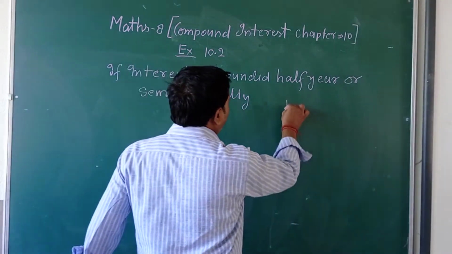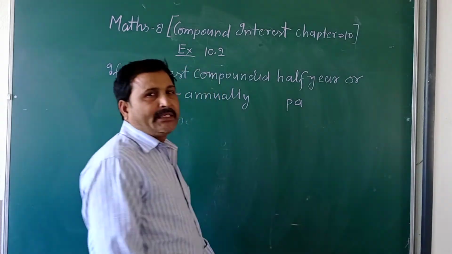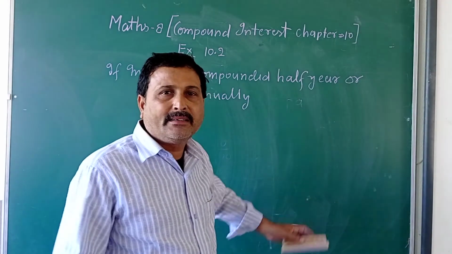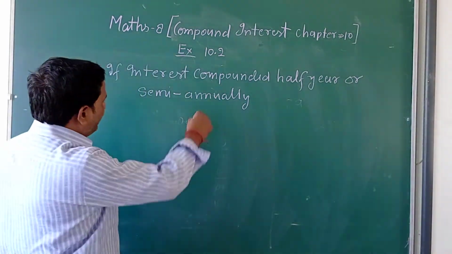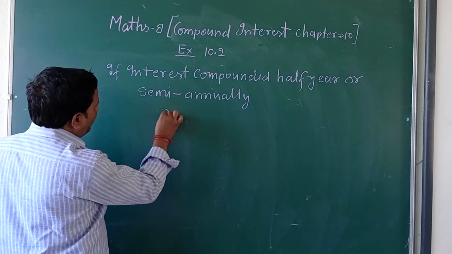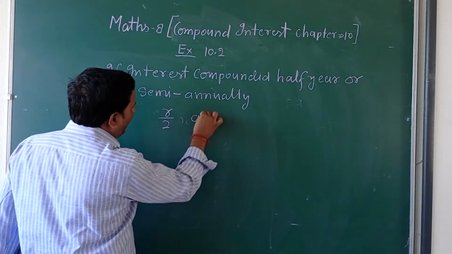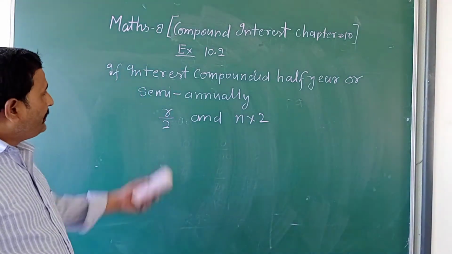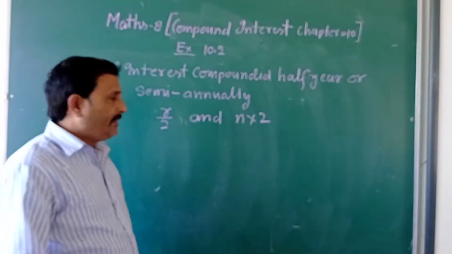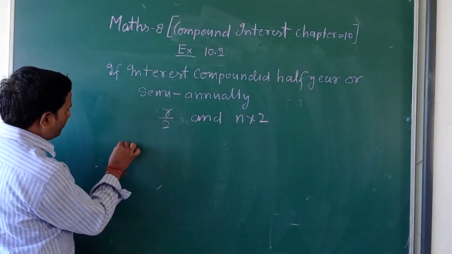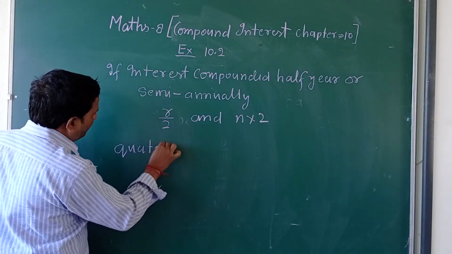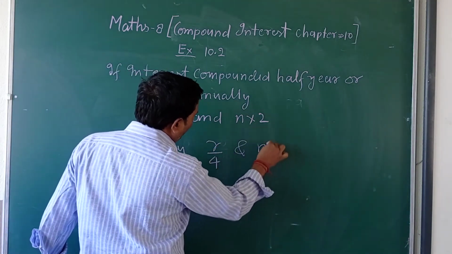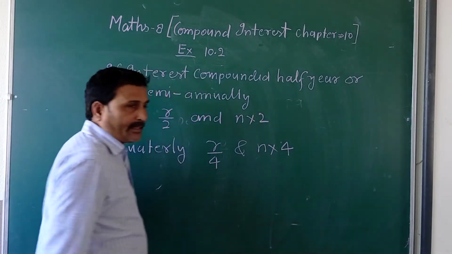Sometimes PA is written after the rate. PA means per annum, means per year. Then the rate will be divided by 2 and time will be multiplied by 2. If interest is compounded quarterly, then for quarterly, the rate is divided by 4 and time multiplied by 4, whatever the time is.